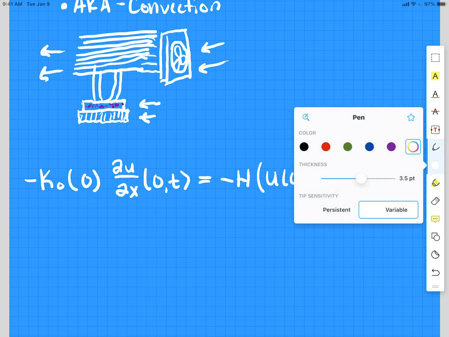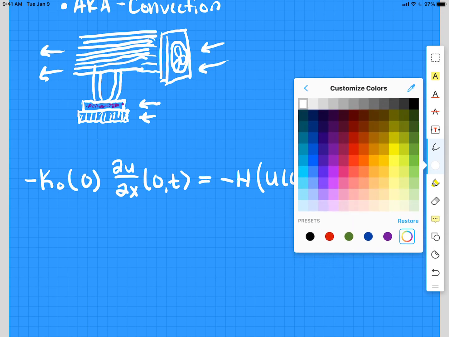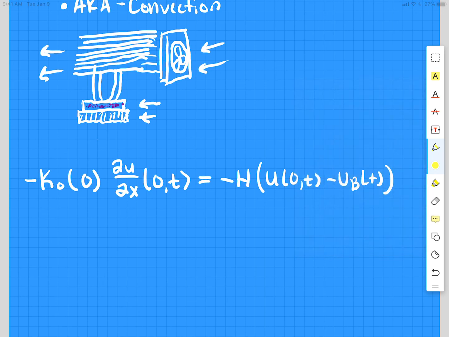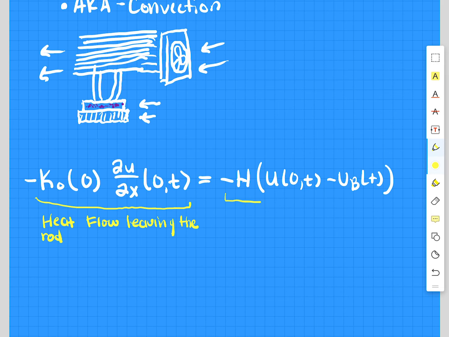So what does this say? As much as I like to say this, what the heck does this all say? Well, this side is essentially saying that the heat flow leaving the rod, on this end, is proportional to the temperature gradient of the bar.